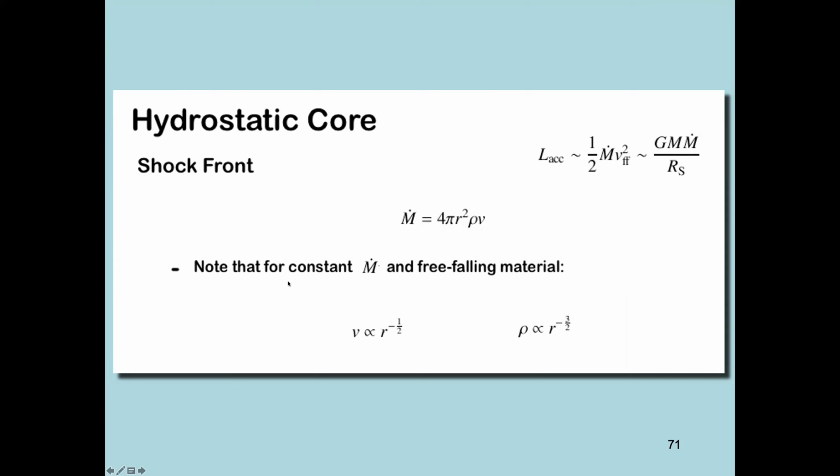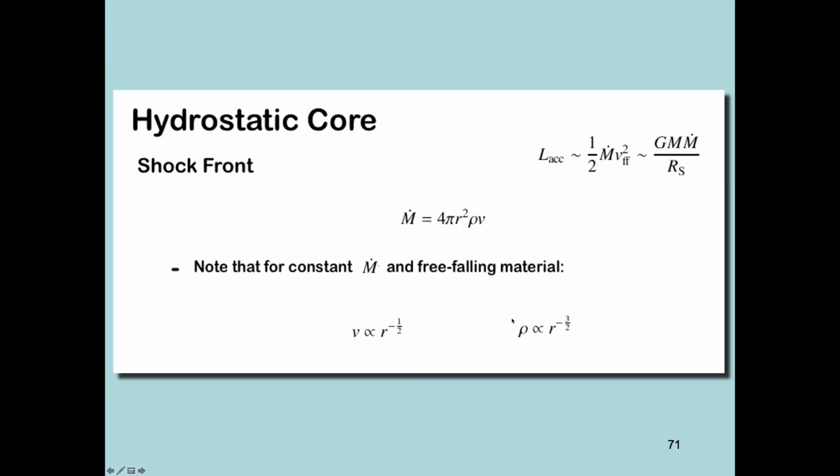And so if you assume a constant M dot, you can immediately know the velocity profile and the density profile of your cloud, which is quite cool, no? From these equations, assuming constant M dot, you can immediately derive that the velocity must go as r to the minus 1/2, which more or less is, in some cases, what we see.